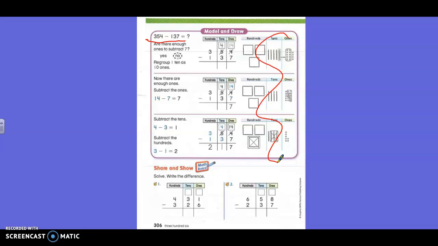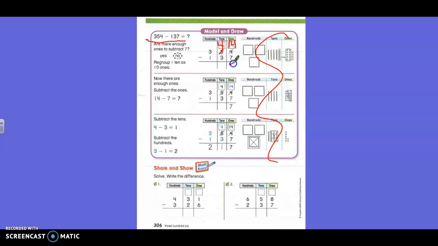Now, we've done this before, where we've had to do 4 minus 7, we cannot do, right? We cannot do 4 minus 7. So we're going to go to the 5 and make it a 4, and then make this 14, right? 14 minus 7 now. Finley? 7.